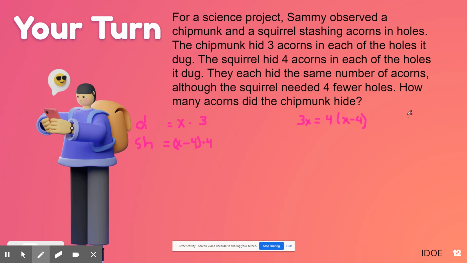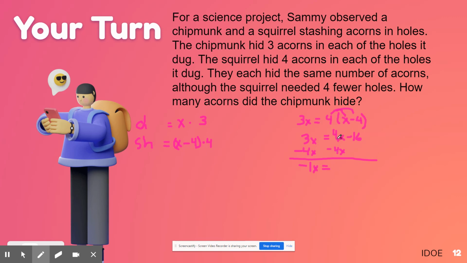That's going to tell you how many holes they dug. So 4 times x is 4x. 4 times negative 4 is negative 16. And then 3x drops down. Move the variable left, minus 4x, minus 4x. You get negative 1x.